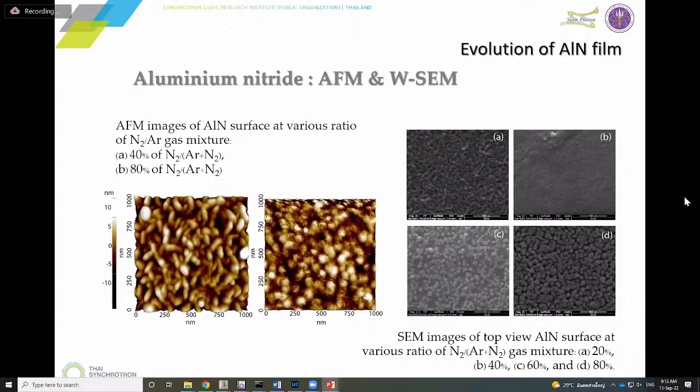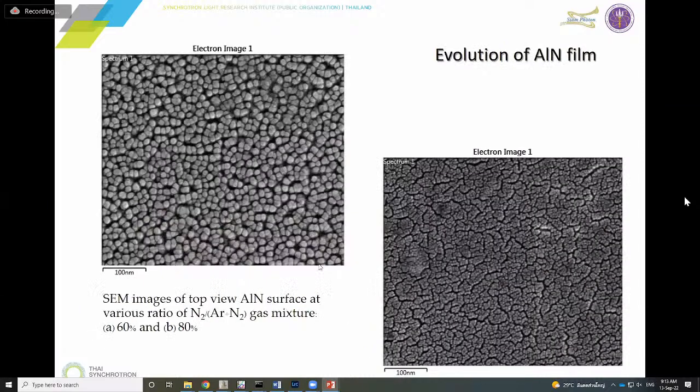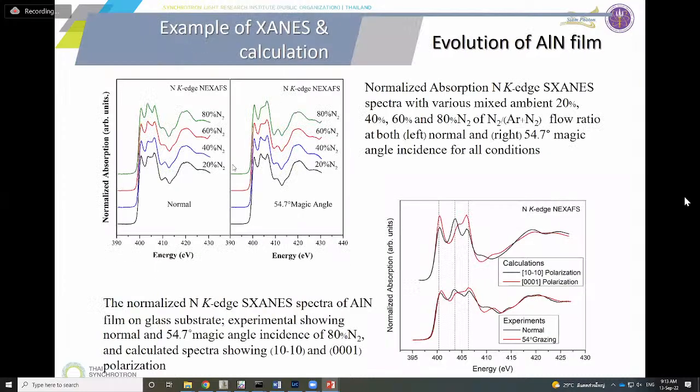When we use AFM and SEM, we see different structures for different contents of nitrogen gas. Here it's like a horizontal structure, while here it's like a vertical structure. By FE-SEM, it's quite clear that you get a needle structure on the surface. Then we use a synchrotron radiation technique, here the absorption technique.